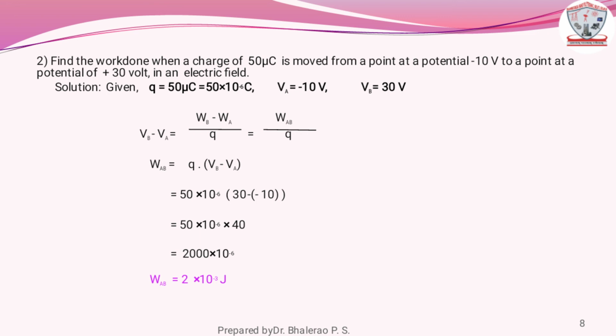We can write this figure as 2 into 10 to the power minus 3 joule, because we calculated here the work done, that is, work done WAB is equal to 2 into 10 to the power minus 3 joule.